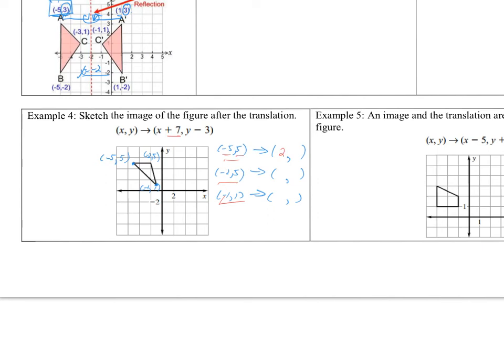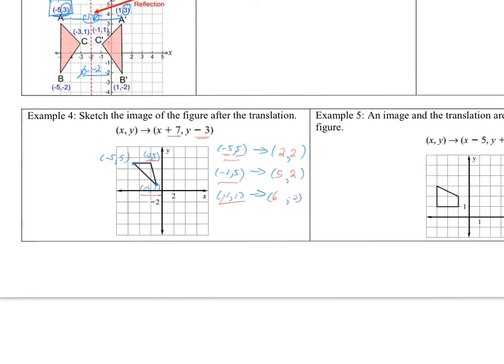And then 5 minus 3, meaning the picture's going to shift down, will be 2. Then -2 plus 7 is 5, and 5 minus 3 is 2. Then -1 plus 7 is 6, and 1 minus 3 here will be negative 2.